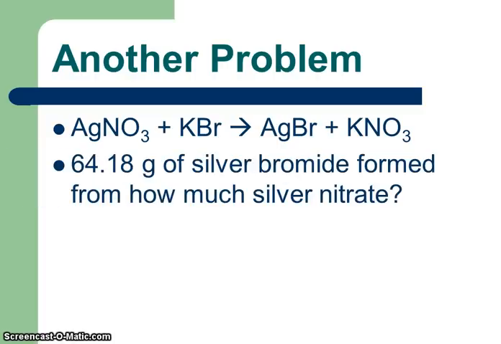So our question says we've got 64.18 grams of silver bromide is formed from how many grams of silver nitrate? Well, again, the balanced equation tells us that for every 1 mole of silver bromide that's produced, 1 mole of silver nitrate must have reacted. We start with 64.18 grams of silver bromide.